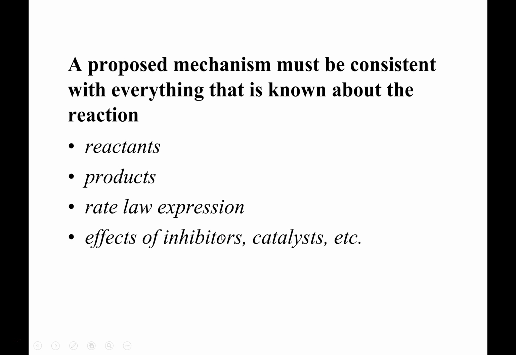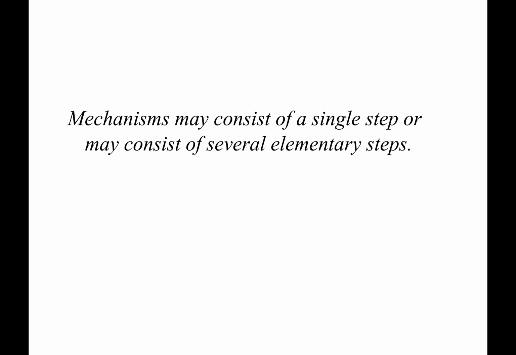They have to make sense with what we start with, with what we end with, with what the overall observed rate law expression is, and if we're going to add something to our chemical reaction, like an inhibitor or a catalyst. They must make sense. Thou shalt not lie.